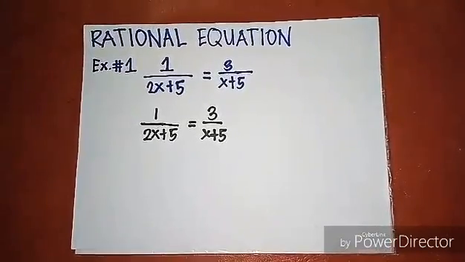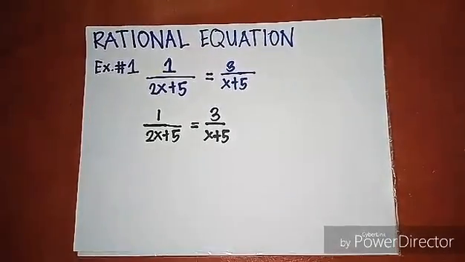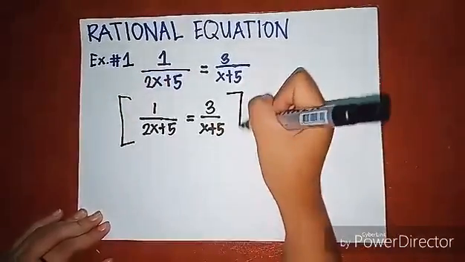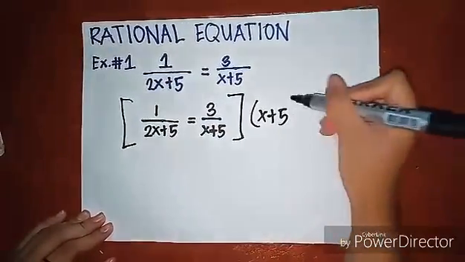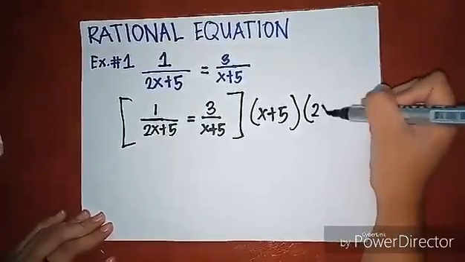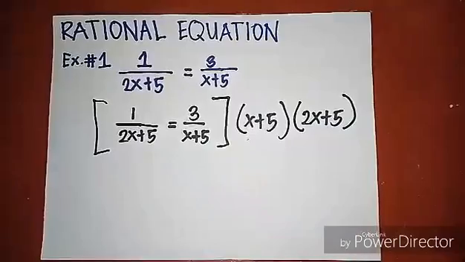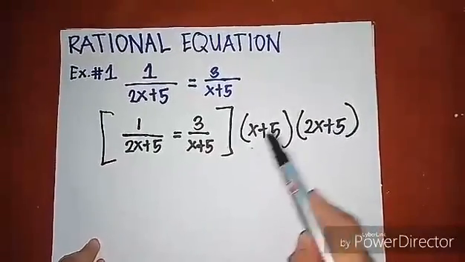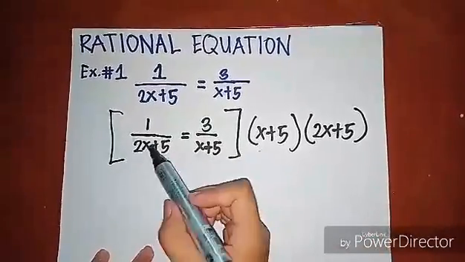To remove the denominator, we will multiply both sides by their LCM. Multiply 1 over 2x plus 5 times x plus 5 times 2x plus 5. So, cancel out 2x plus 5.